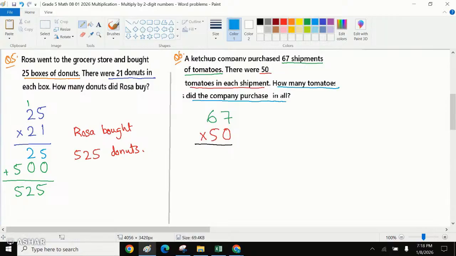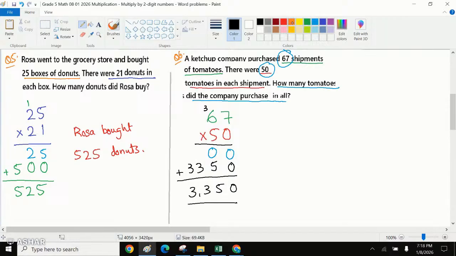So what we need to do is multiply the shipments by the quantity. Okay? So 0 multiplied by 7 is 0. 0 multiplied by 6 is still 0. When we use the tens, 5 multiplied by 7 is 35. We carry the 3. 5 multiplied by 6 is 30, plus 3 is 33. And when we put the numbers together, this becomes 3, 3, 5, 0.